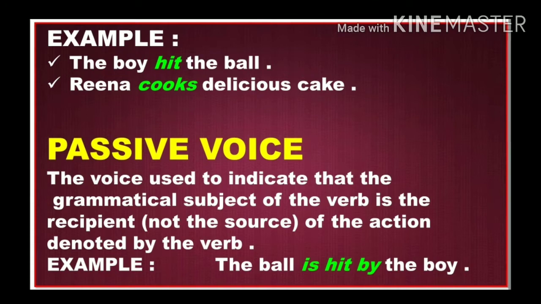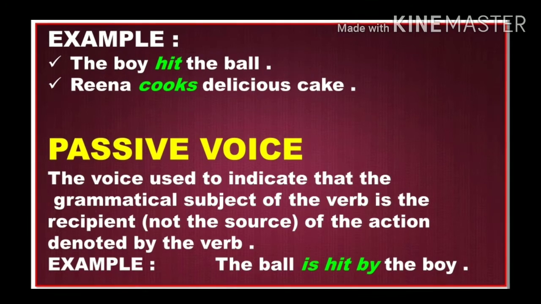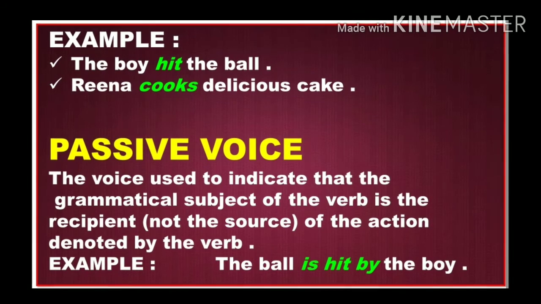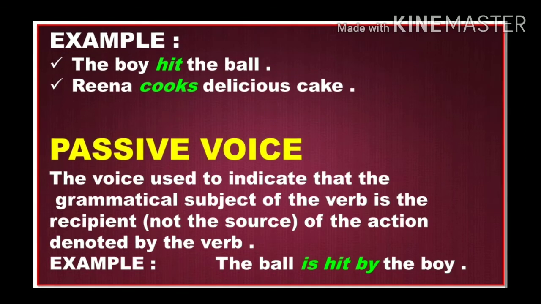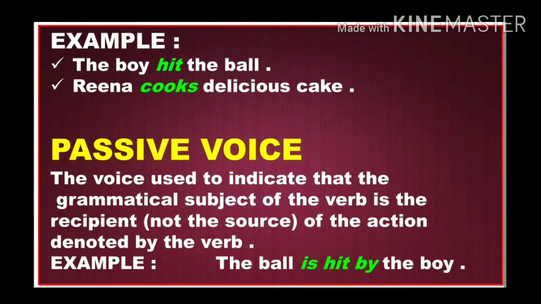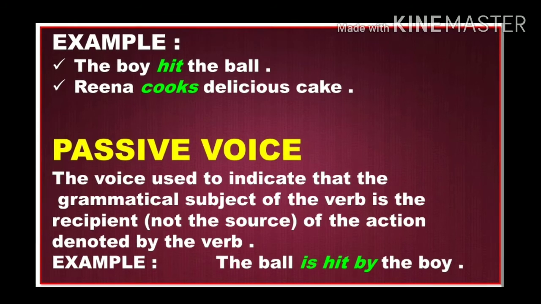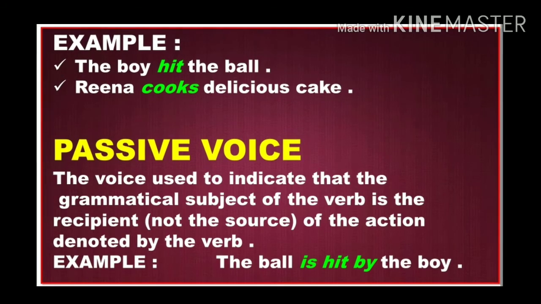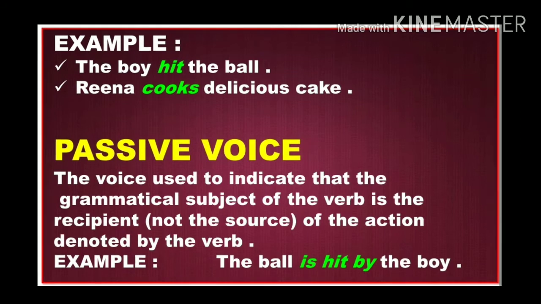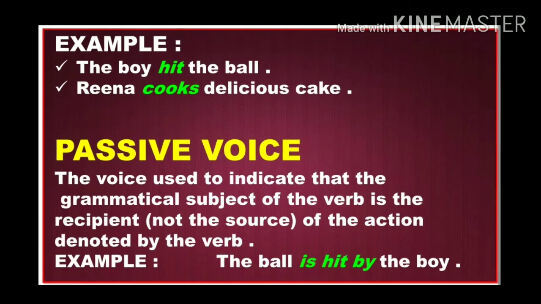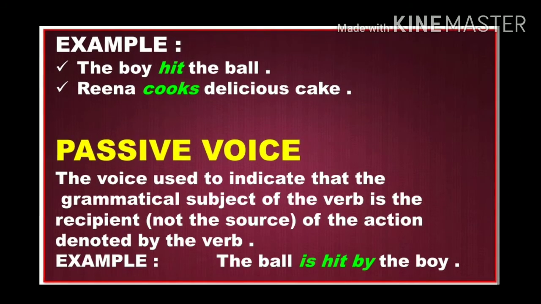The ball is hit by the boy. Delicious cake is cooked by Reena. In these sentences, the verbs is hit by, is cooked by show that the subject is not the doer of the action.